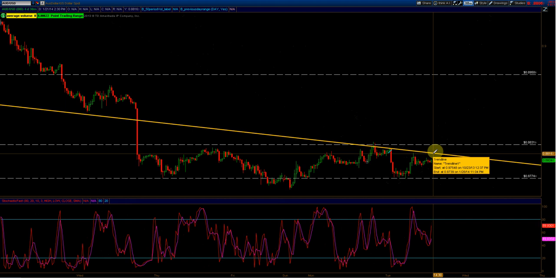So if you, for instance, monitor the fxstreet.com or investors.com calendar, the print of the actual data does not hit as quickly as the market reacts. So it's really hard to gauge what happens immediately following that information.